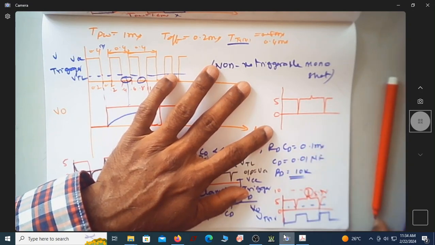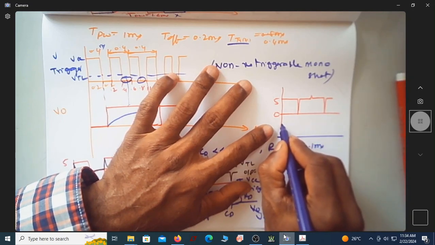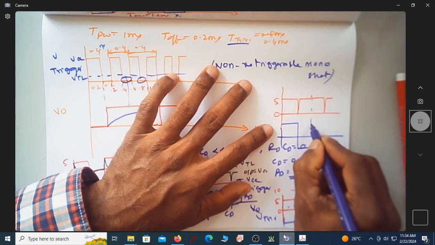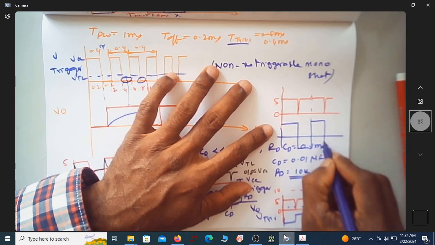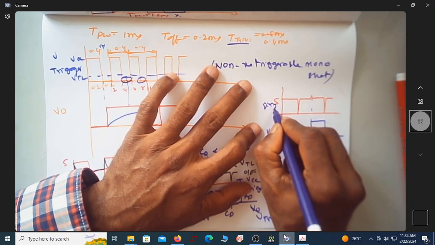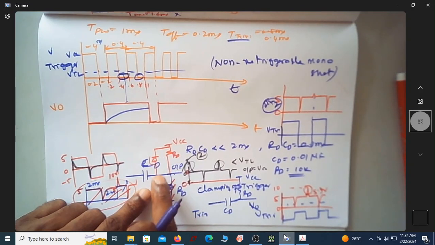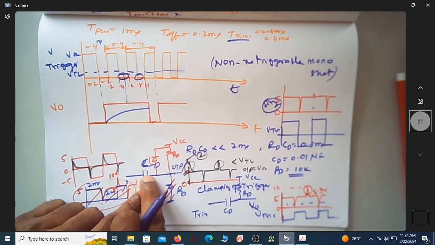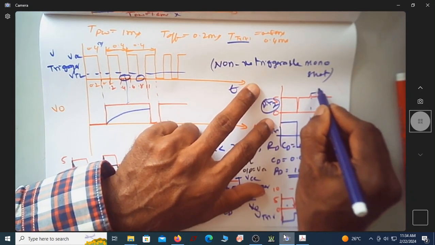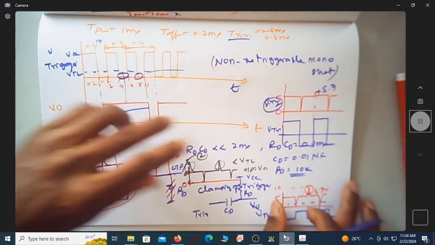So if this was your waveform, let me write the trigger signal, this is the trigger signal. For this V trigger, I'll get this as the pin number 2 voltage after it passes through this conditioning circuit, and you have spikes. This is 5 volt, this is hardly 5.7, this is plus 5.7.